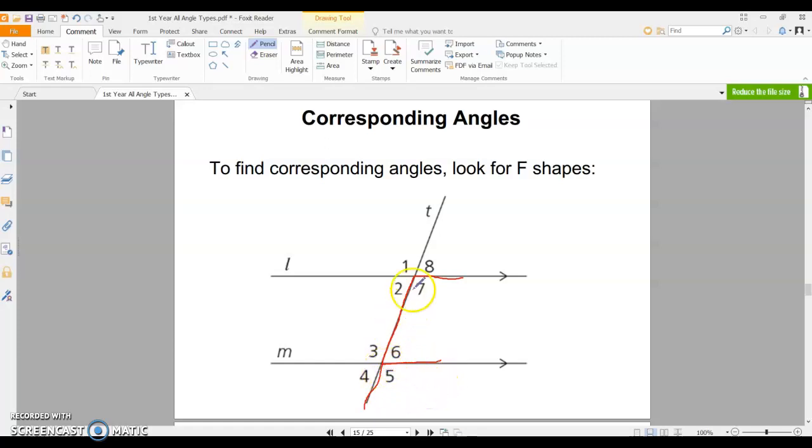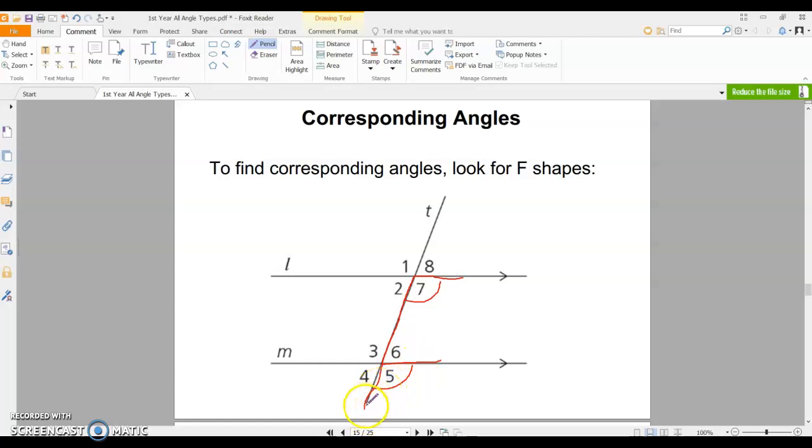And the reason I say F shape and not any other letter is because this angle here I'm interested in, and this angle here. Okay, so 5 and 7 are corresponding angles, so the angles in the F like that, and they are equal.